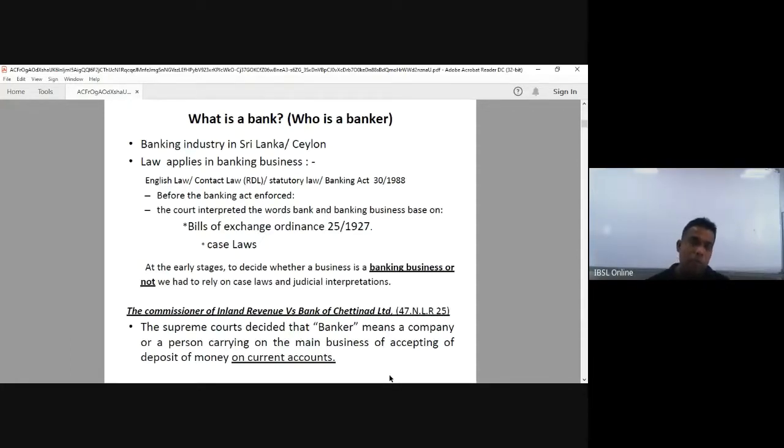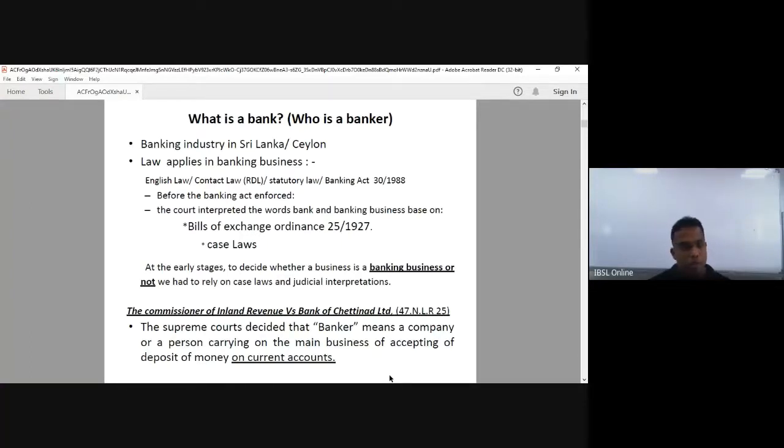Now, some of those banks are not maintaining current accounts. Special banks don't maintain current accounts. Then, as per the definition in Chettinad, those banks cannot be considered a bank because they are not maintaining current accounts.